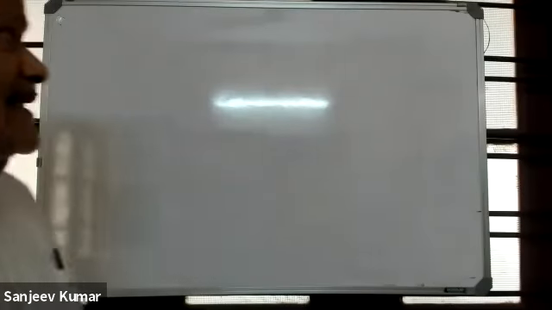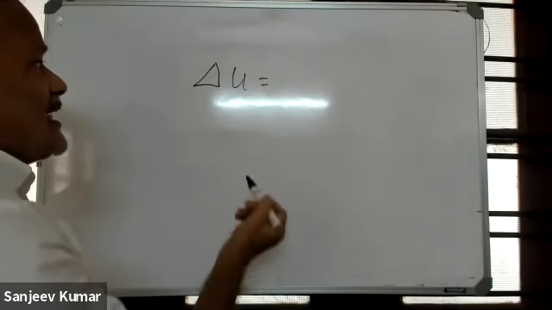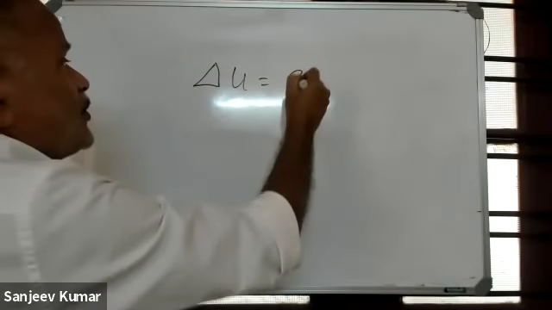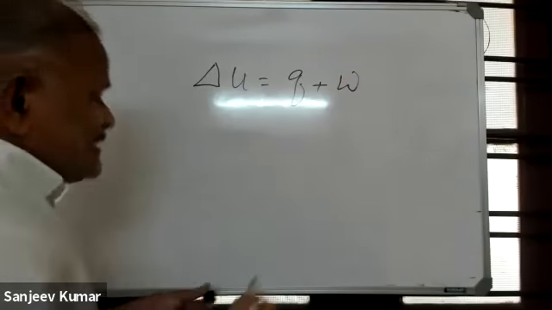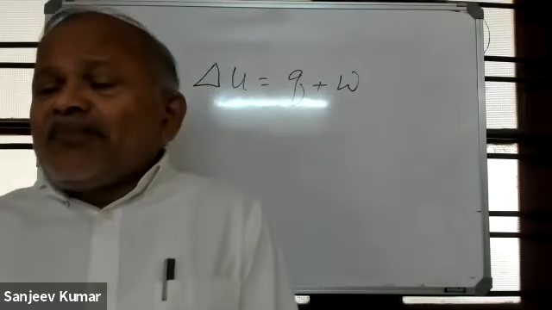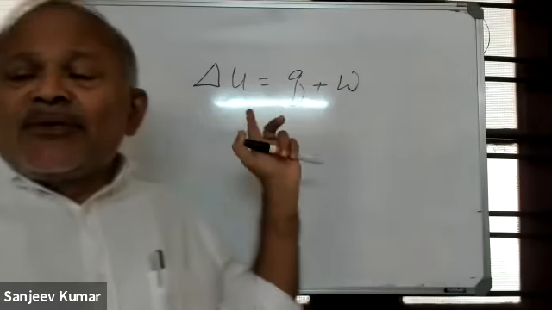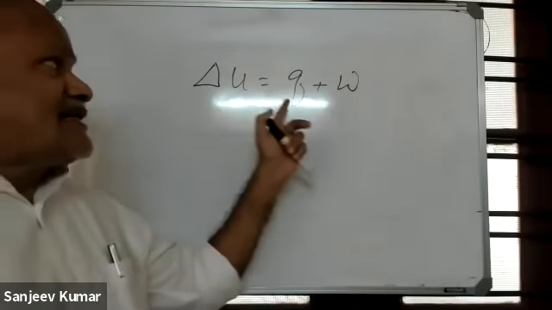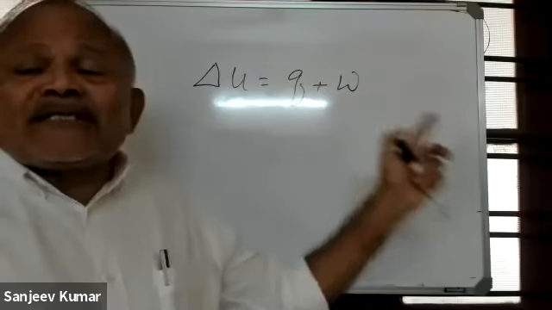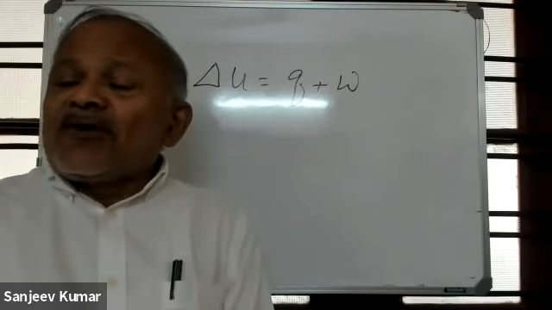The internal energy change, delta U, is equal to Q plus W. The mathematical statement for the first law of thermodynamics is delta U, the change in internal energy, equal to Q plus W. Q is the heat change accompanying and W is the work.